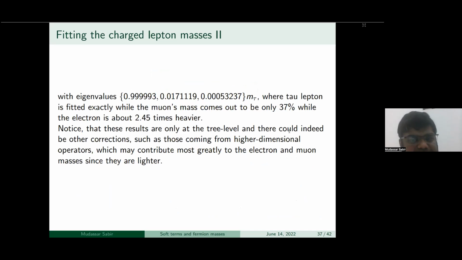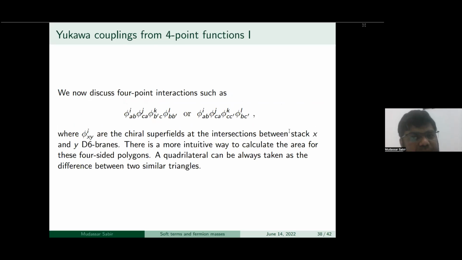Since these results are only at the tree level, there could be indeed other corrections, such as those coming from higher dimensional operators, which may contribute most greatly to the electron and muon masses, since they are lighter. So then we can add the contribution from 4-point functions.